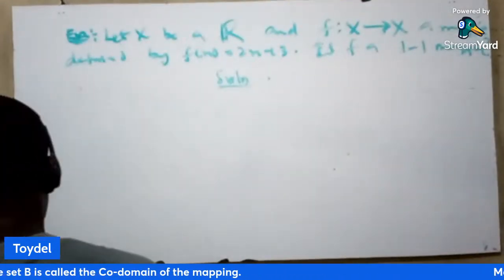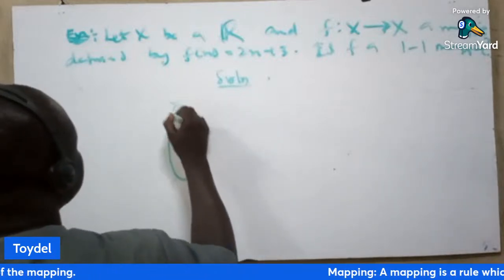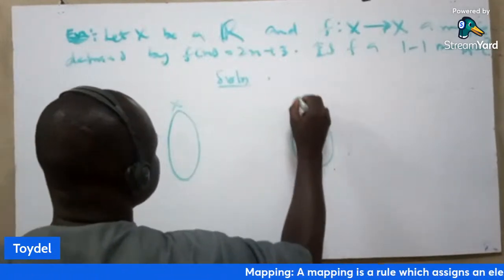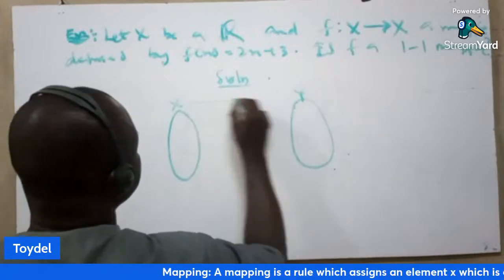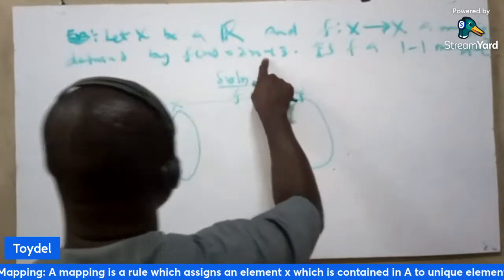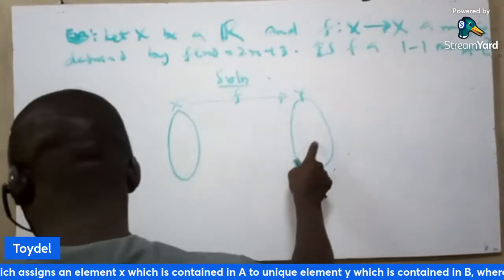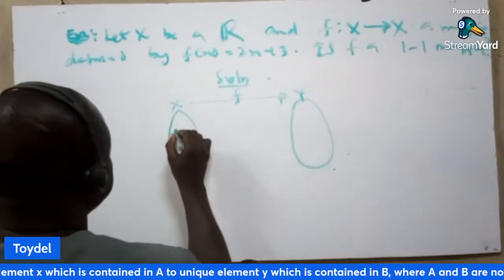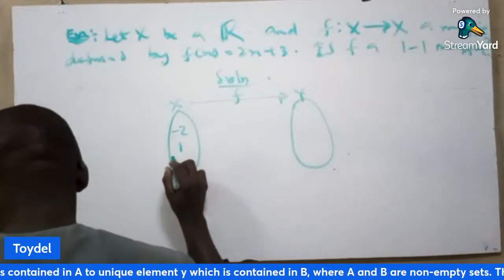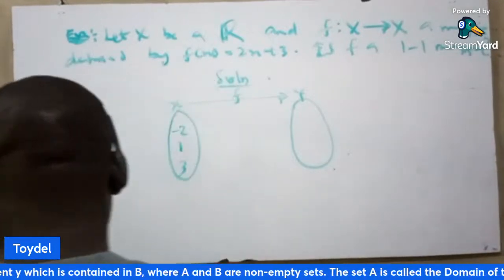So in this case now, let's say this is x, then the codomain is y, then the relation is f, and that relation is defined as f of x. When f operates on each of these, we are going to get this codomain. But let's give examples -2, 1, and let's say 3. So when it is -2 here, what will be the range here?